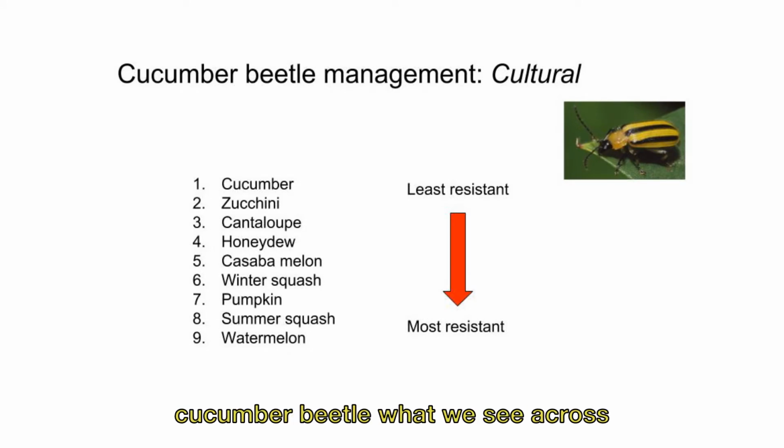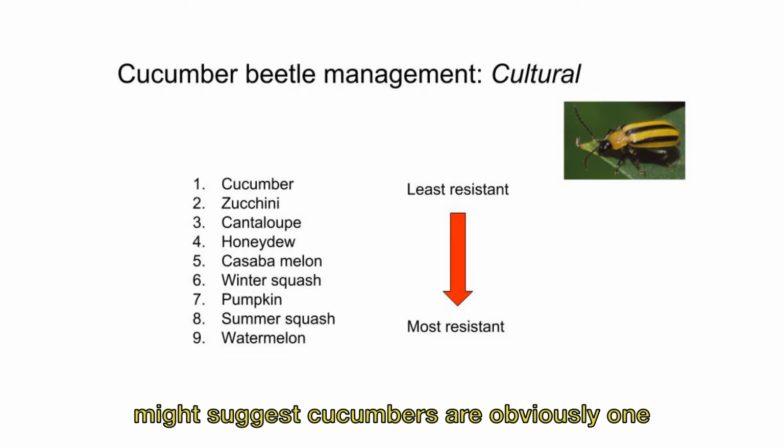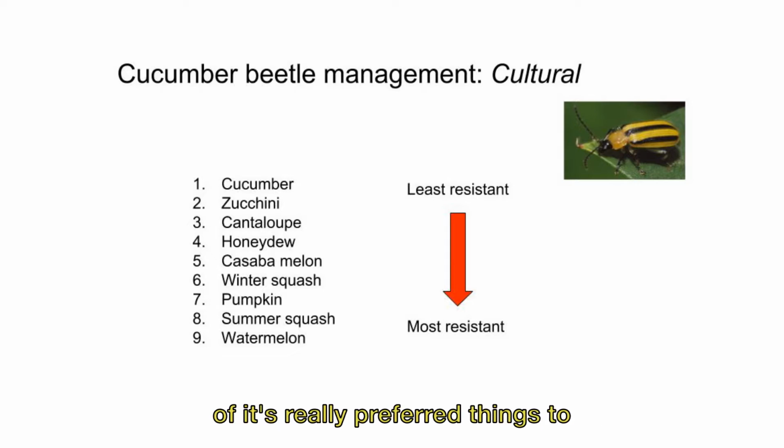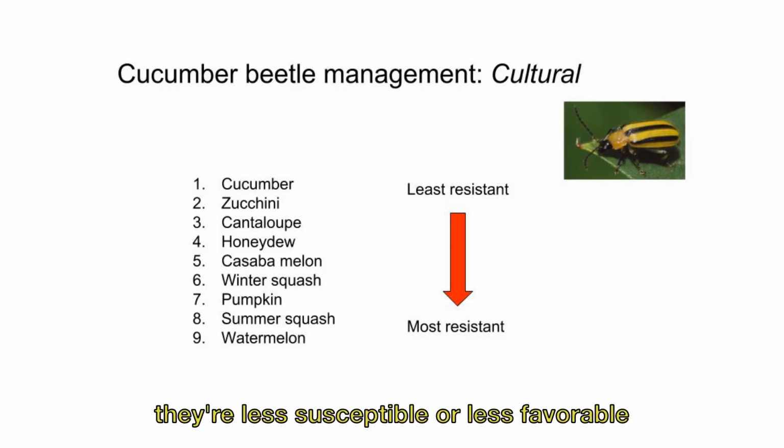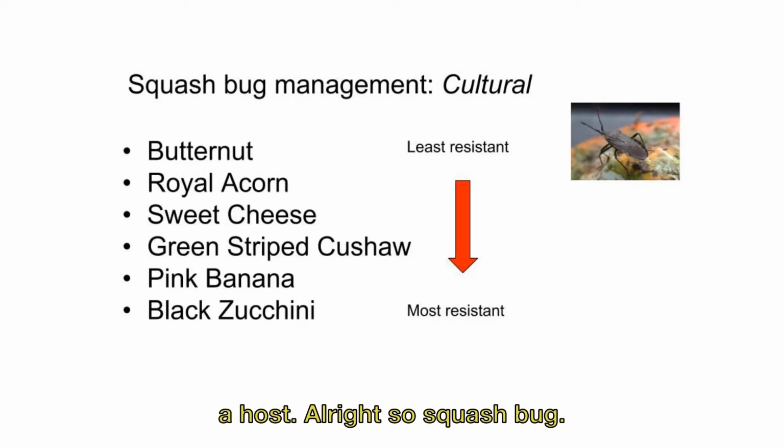So for cucumber beetle, what we see across the cucurbits is from least resistant to most resistant. As the name might suggest, cucumbers are obviously one of its really preferred things to feed on. And then as you move down this list to the pumpkin, summer squash, watermelon, they're less susceptible or less favorable a host. All right, so squash bug. Here we find that the zucchinis are more resistant than some of the butternuts.